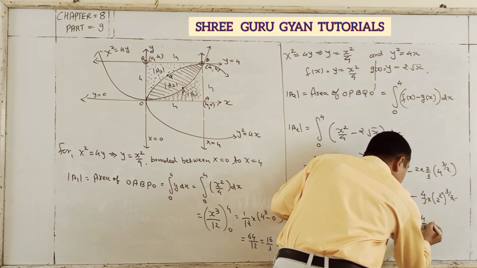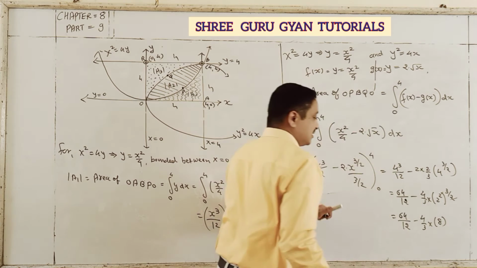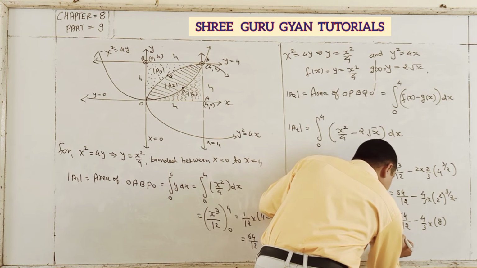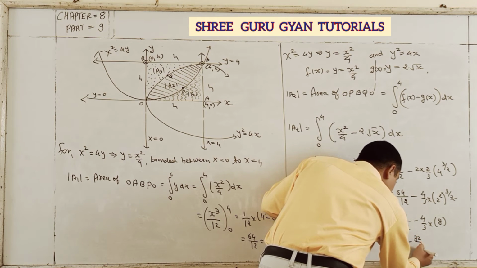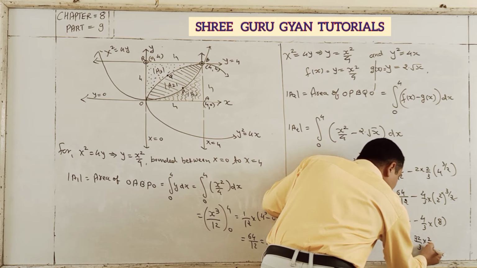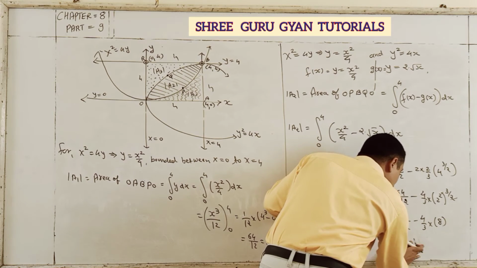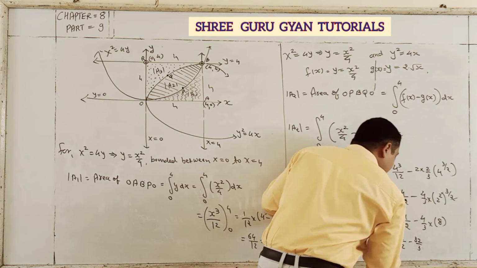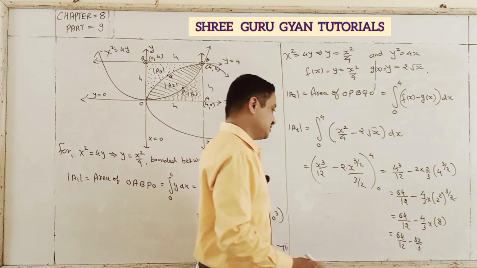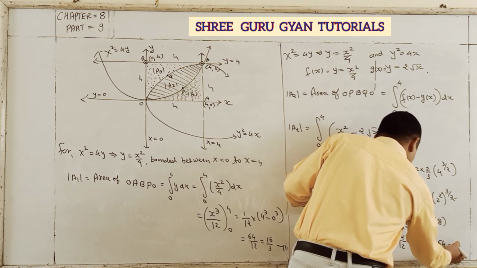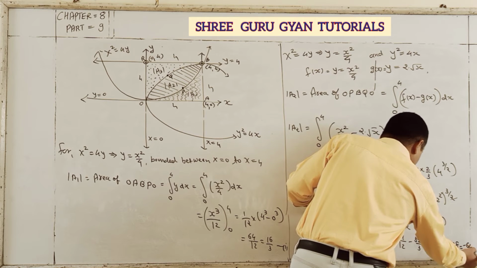Here 4 by 3, 2 raised to 3 is 8 and 8 4s are 32. So students, 64 by 12 minus 32 by 3, can I write down an extra 4? So it will get 4 by 3, 8 4s are 32 by 3. And students, here in calculations, I write down an extra 4. So 64 minus 4 2s are 8, 4 3s are 12, 128. So minus 64 by 12.